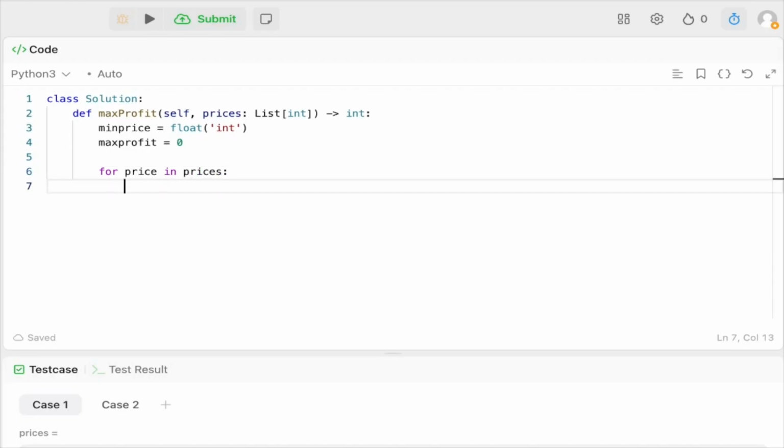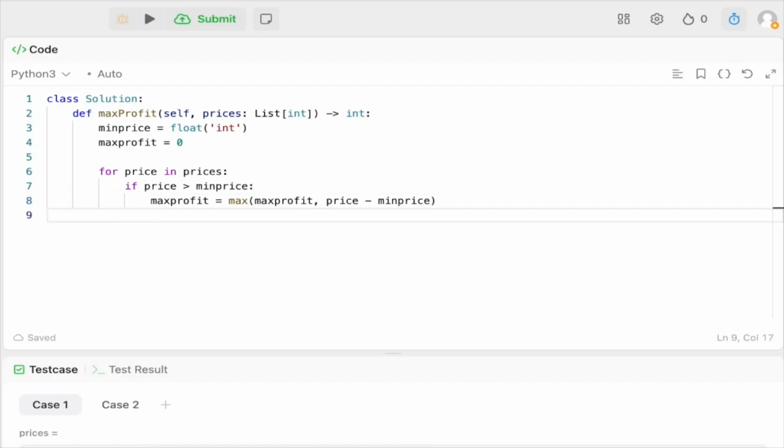If price is greater than min price, then it is a profit. Max profit equals max of the current max profit and the new profit, which is price minus min price.